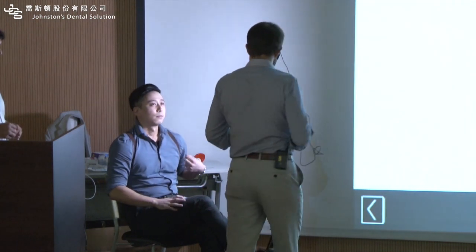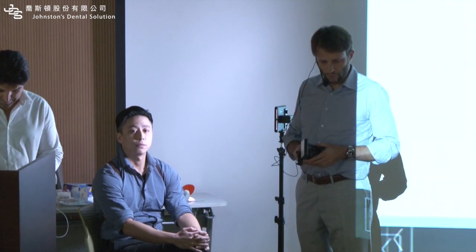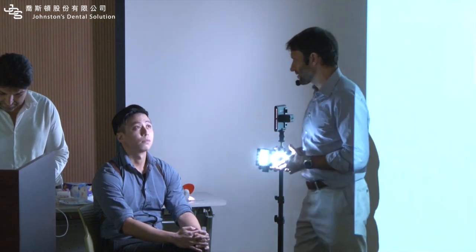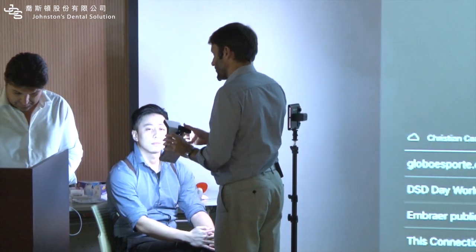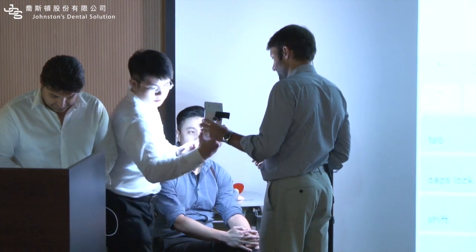You can have either 2 tripods, 1 on each side, or what is even more simple is 1 with the circle. There's a beautiful LED circle that generates great light for dental photography. Since we don't have the circle, I'm going to ask you to be the second tripod.